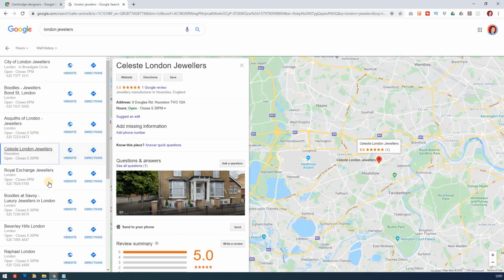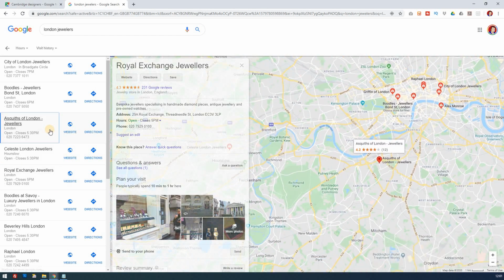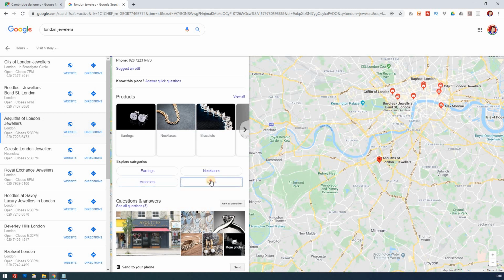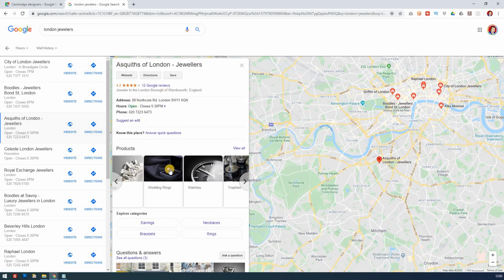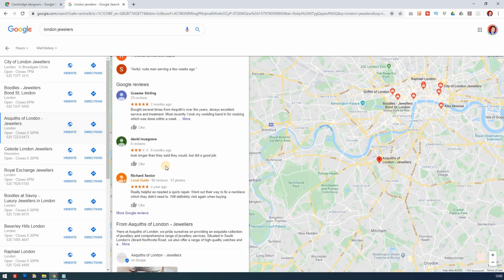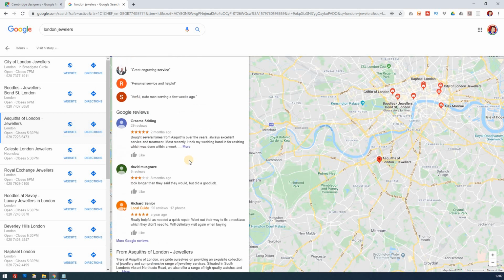Okay, so what am I noticing in these places? Just clicking around, we've got products here. This is again something that you should do, and explore categories as well. So you've got different categories to go to, but that doesn't lead me to anything when I click on it, which is a bit strange. But they've got some good photos as well, and again I would suggest that they respond to these if they can.